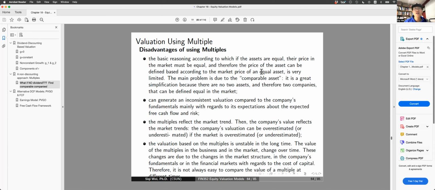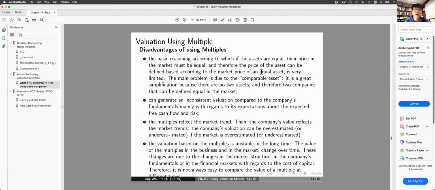So it's going to be a challenge to establish the comparable asset. There is quite a significant amount of noise in selecting your peer firms. That could be a problem.